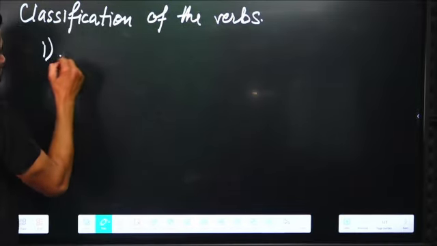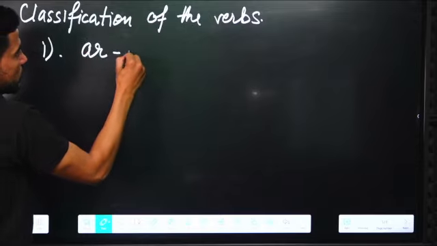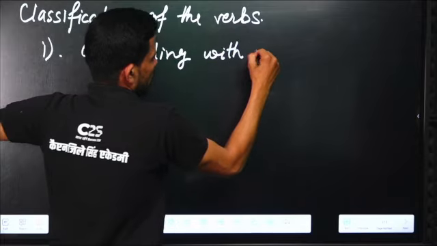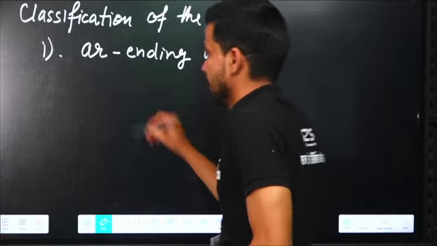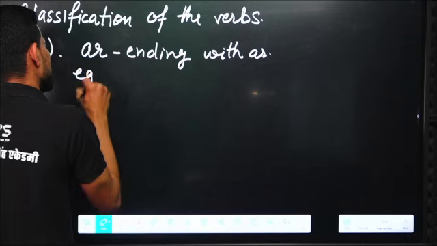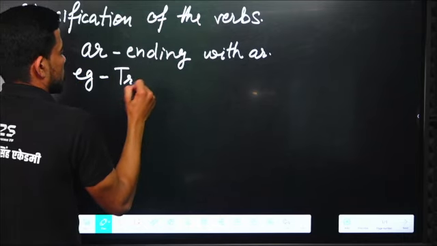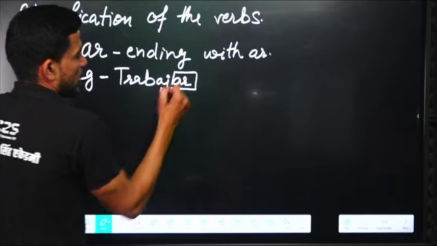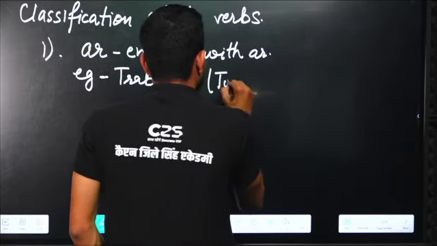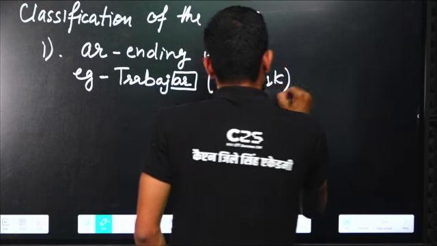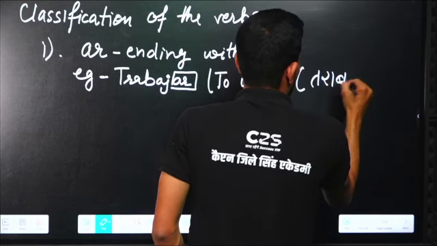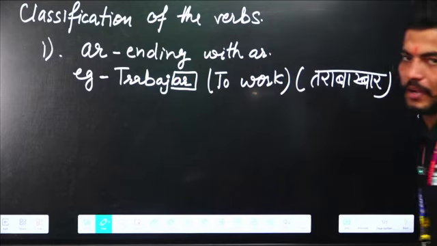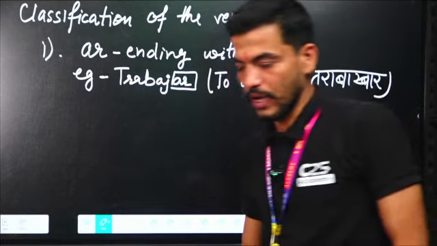First is ending with AR, for example, trabajar. So the ending letters are AR. Trabajar means to work, to do work.